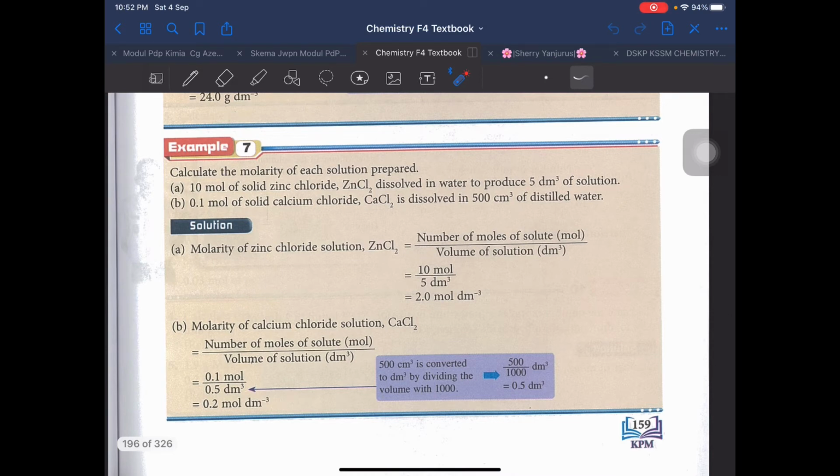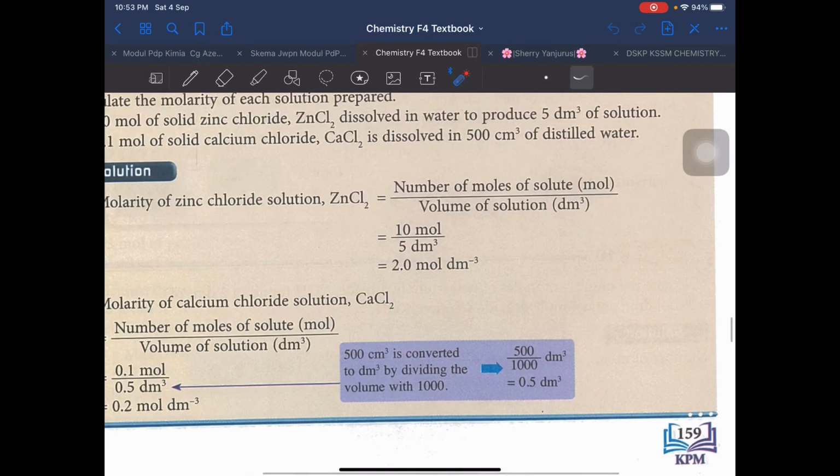Okay. Next, calculate the molarity of 0.1 mol of solid calcium chloride yang dilarutkan dalam 500 cm padu air suling. So what you need to do, convert dulu ini. Because we don't use cubic centimeter di dalam molarity. We use decimeter. Seperti biasa, you want to convert cubic centimeter to cubic decimeter, you need to divide by 1000.